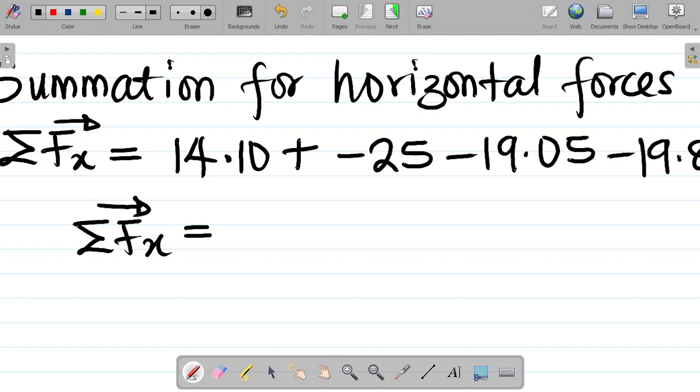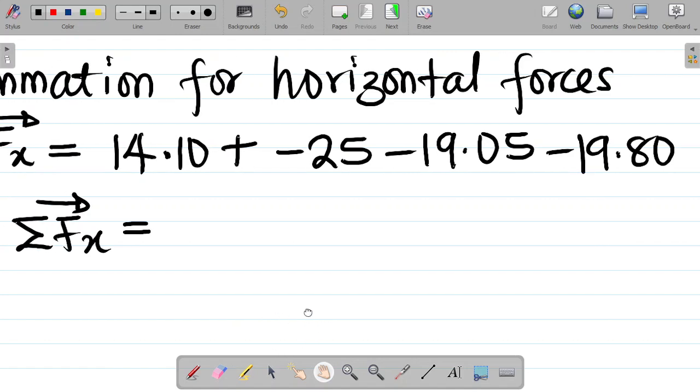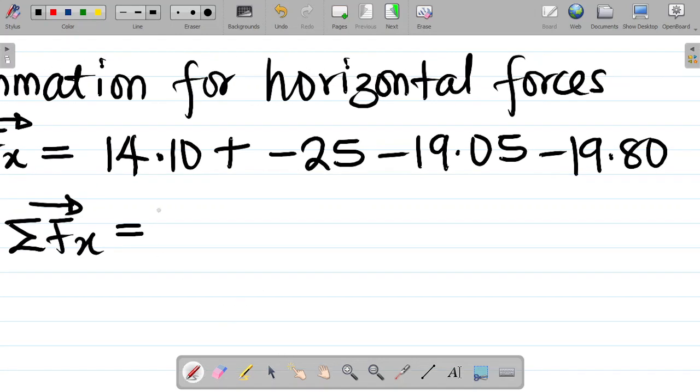So first things first, the first term we have there is 14.10. So it becomes 14.10 minus 25 minus 19.05, then minus 19.80. Right, so if you punch this correctly, your value should be equal to minus 49.75. You have this as your answer.